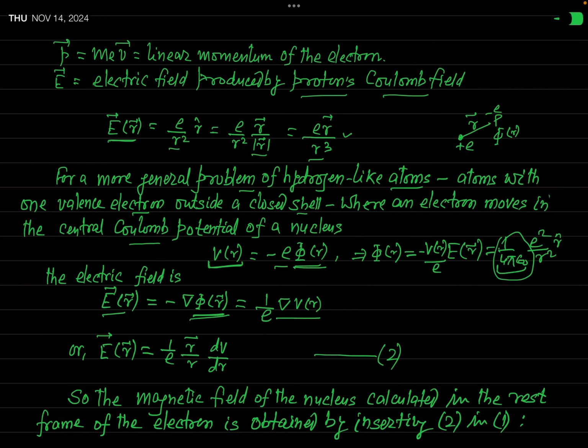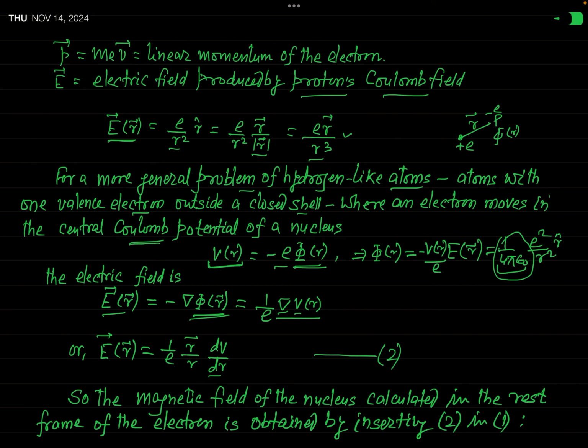Here this V of R, as I have told you, is the potential energy. So in the present situation, since you are considering that the potential is the central Coulomb potential, and you know that in the case of a central potential V is only a function of r, not of theta, not of phi, instead of the gradient operator you can use the d/dr operator.